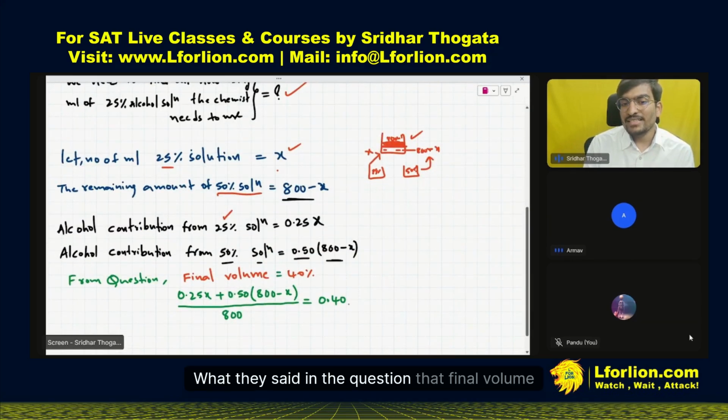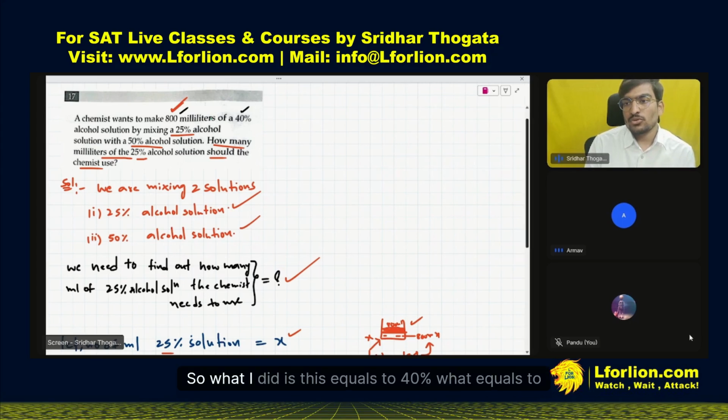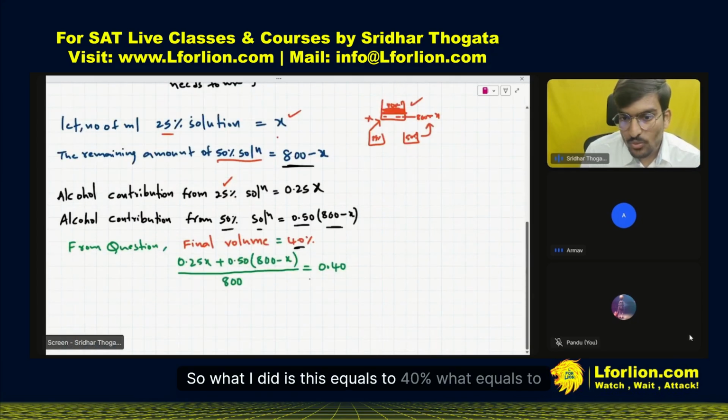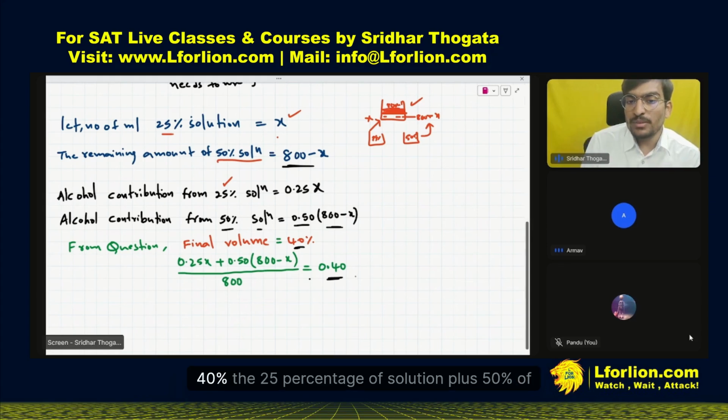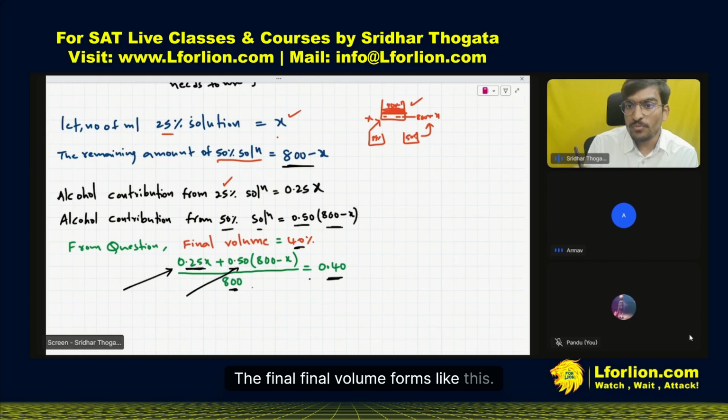What they said in the question is that the final volume, the total 800 ml, is 40%. So the 25% solution plus the 50% solution in the 800 ml equals 40%.